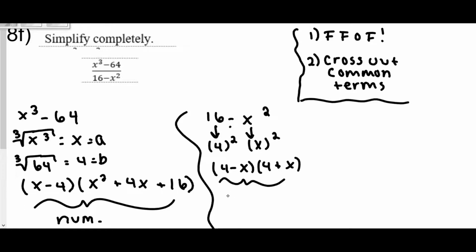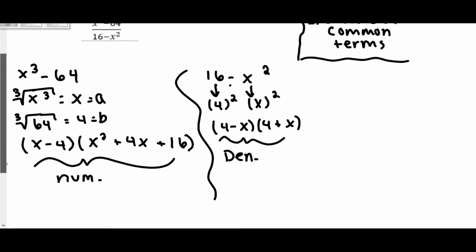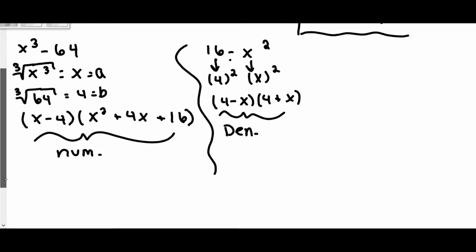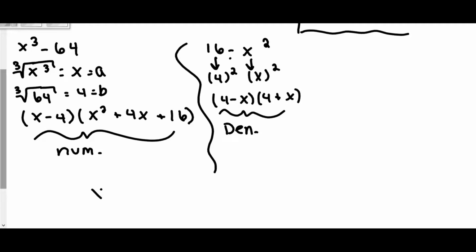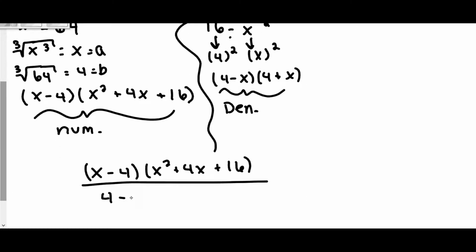And this is our denominator. I'm just going to rewrite my rational expression with my factored forms. So my numerator is now x minus 4 times x squared plus 4x plus 16, and my denominator is now 4 minus x, 4 plus x.